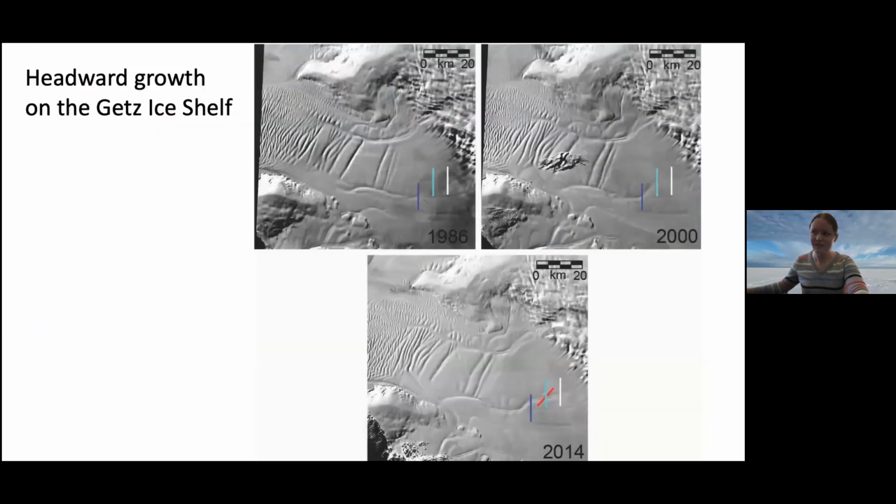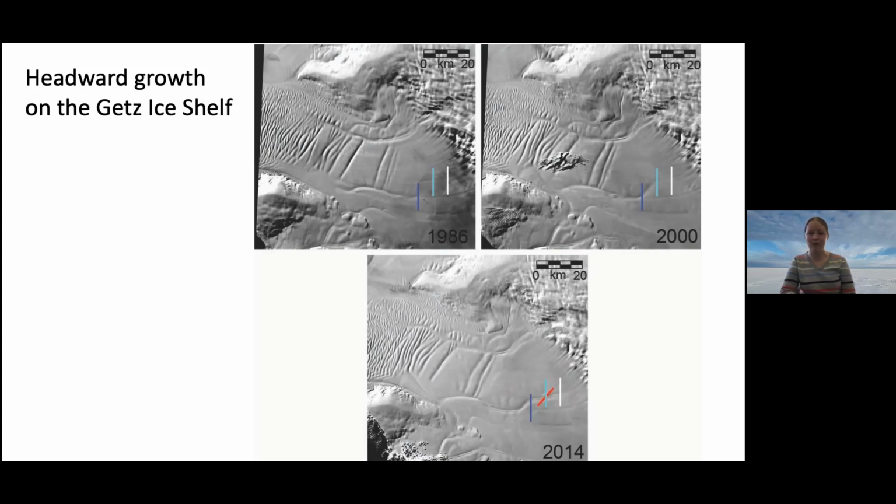Fascinating talk, Aaron. In the 2014 image, I'm not sure if this is just a trick of the light, but that channel seems as though it actually now has a subsidiary sort of ridge running up the middle of it. Yeah, no, it's not a trick of the light.